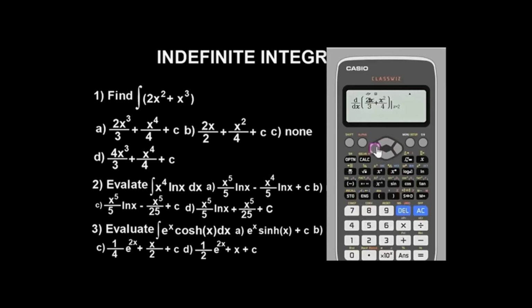Let's put 2 downward. That's it, right? No, it's not correct. So guys, let's check option D and see what we're going to have here. Quickly, let's check option D. Put 4 here. All right.